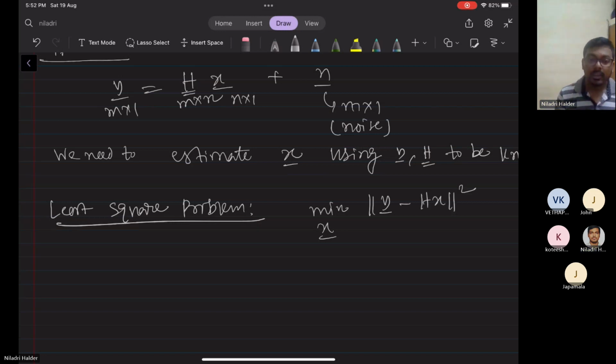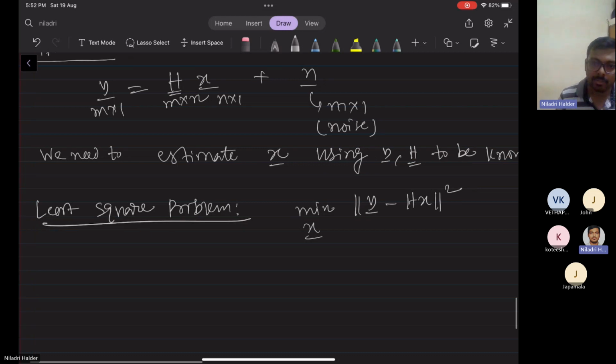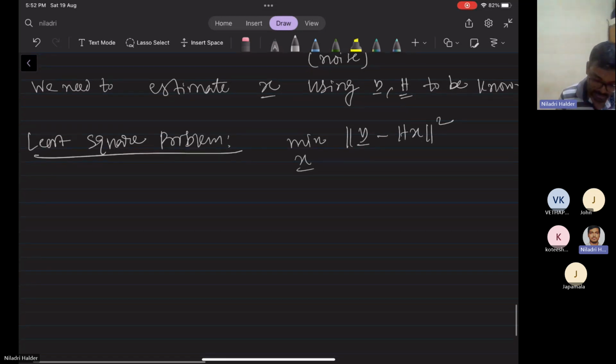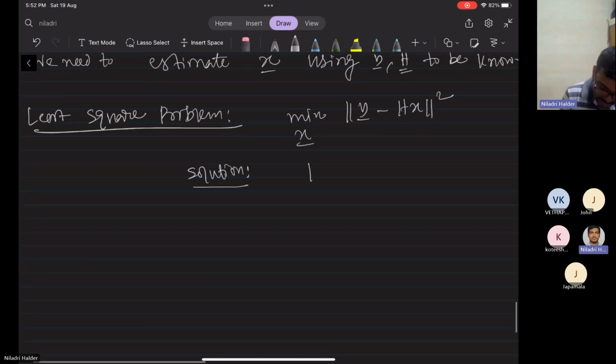Okay. So this is a least square problem, and he has solved it using this convexity concept, and the solution will be H Hermitian H x equal to H Hermitian y.